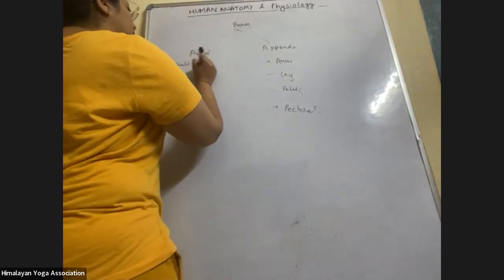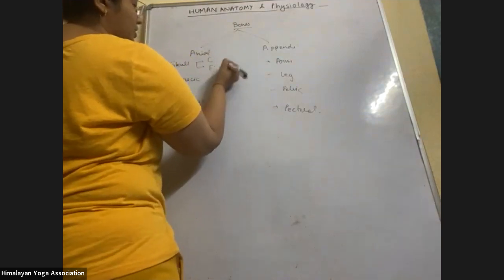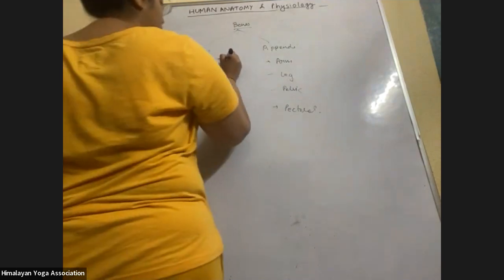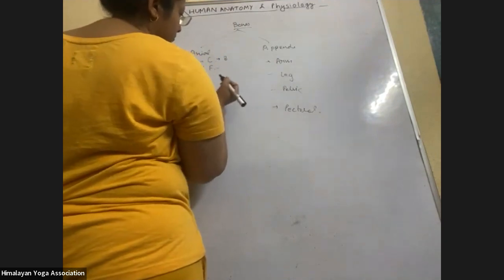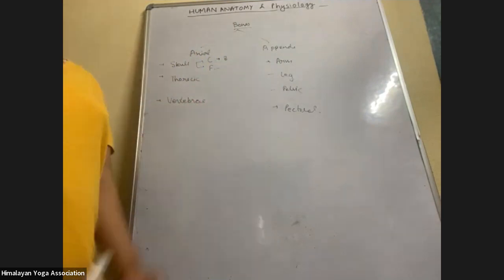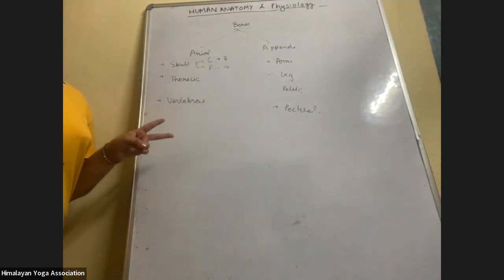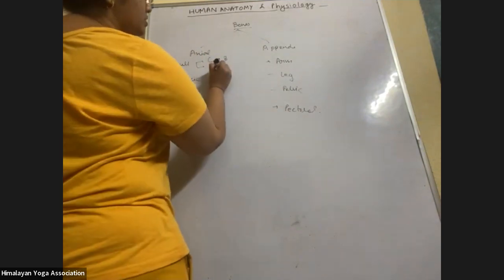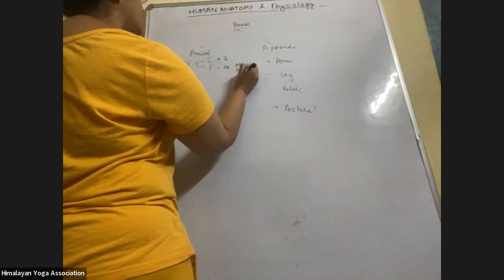Okay, what do we have in skull? Cranial and facial. Yes, very good. In cranial, how many bones? 8 bones. In facial, how many bones? 14. Two important bones of facial region? Mandible and maxillary.